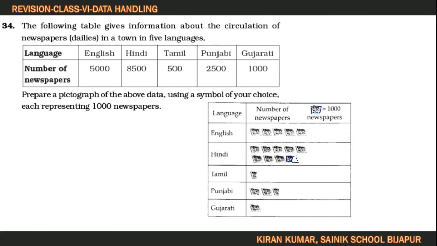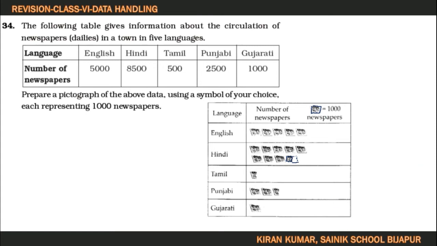To represent Punjabi, it's 2 full, 1 half. To represent Gujarati, it's 1 full. So if one symbol indicates 1,000, half of that symbol should indicate 500. This is how a table representing a pictograph can be made.